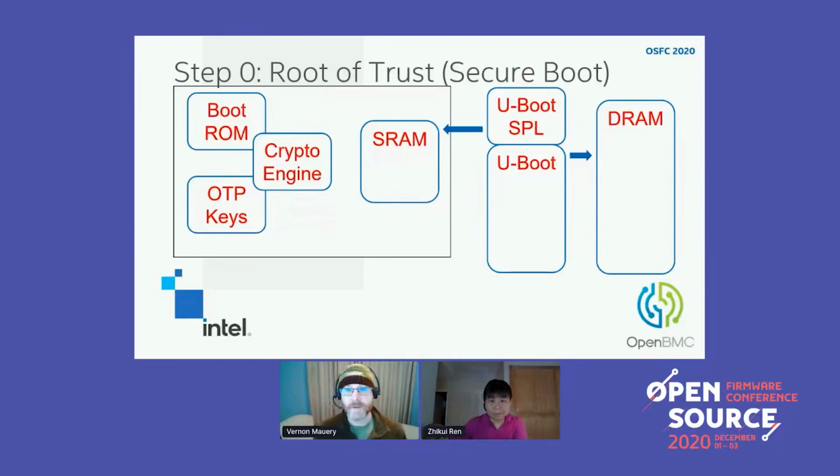And once it's authenticated the code that's in SRAM, it allows execution of that code to begin. So that's the root of trust, the very first thing that executes.